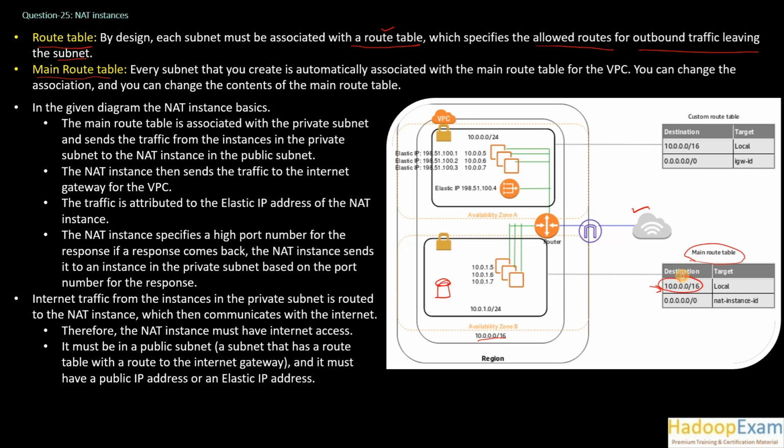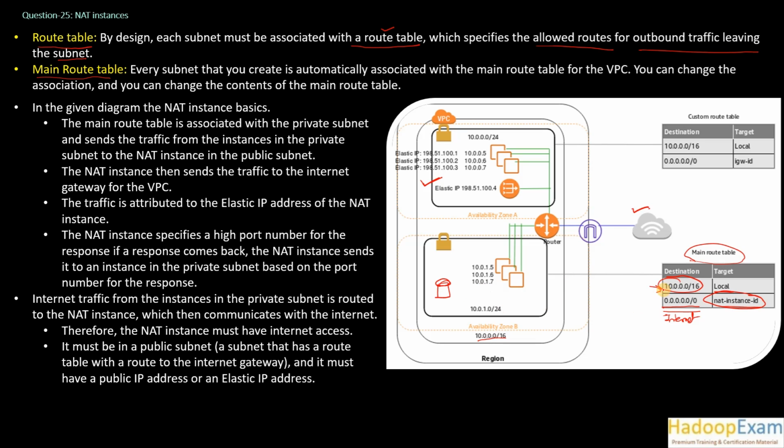With this CIDR range it is local, but any traffic which is destined to 0.0.0.0/0, which is the internet, should go to the NAT instance ID, correct. So the NAT instance ID you need to set up, and you have to provide this. The NAT instance you generally set up in a different subnet, that is, a public subnet. So this is your main route table.